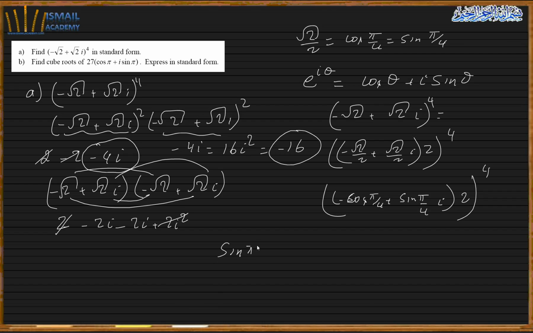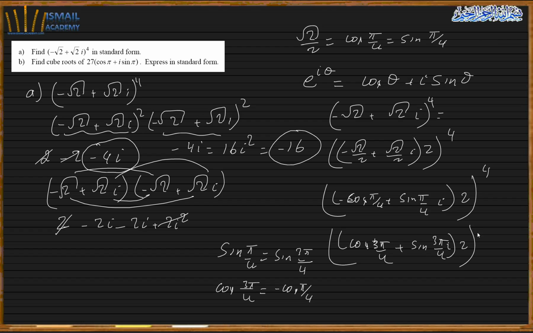Sine of pi over 4 is the same thing as sine of 3 pi over 4, but cosine of 3 pi over 4 is minus cosine of pi over 4. So that means here is the same thing as if I have cosine of 3 pi over 4 plus sine of 3 pi over 4 i here, and this is 2 to the power 4.